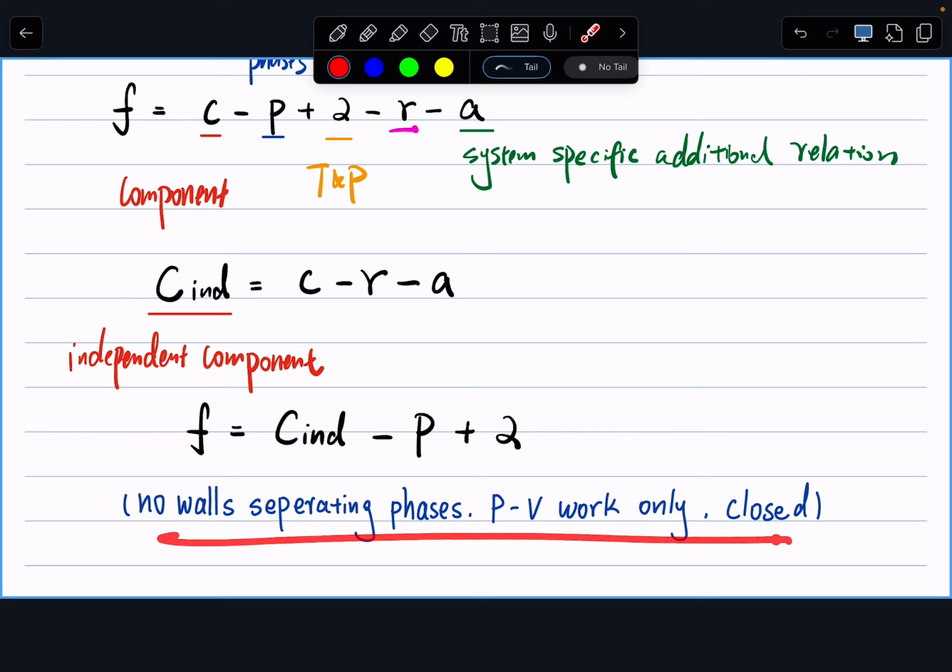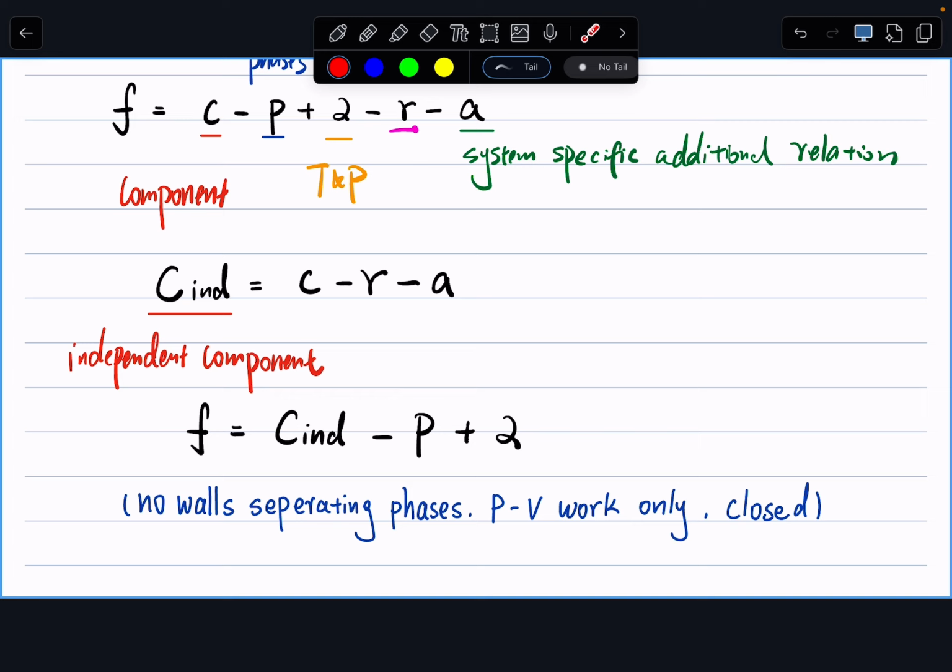And here we have a few keywords to make it more strictly correct: no walls separating phases, PV work only, closed system. And again, we only discuss degrees of freedom for equilibrium systems. We don't use the term degrees of freedom or variance to describe reactions that have not reached equilibrium.